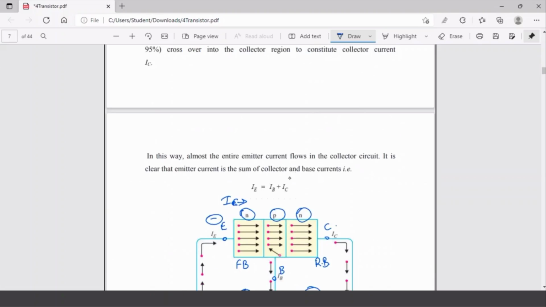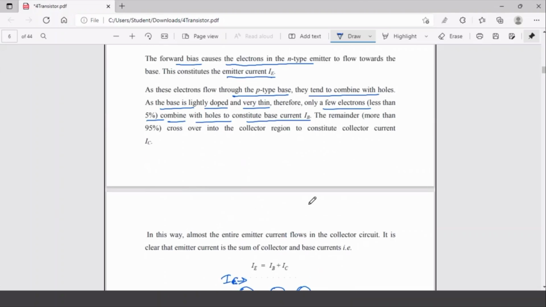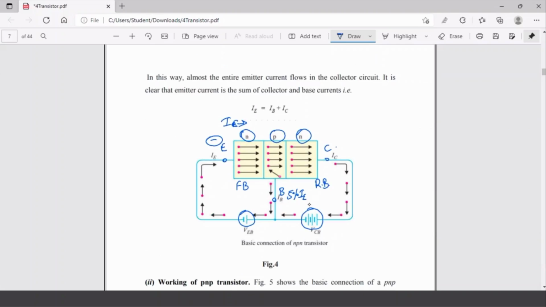So only around 5% of IE reaches the recombination and constitutes the base current, and the remaining more than 95% of these electrons actually cross over to the collector region and constitute the collector current. This will be constituting the collector current IC.